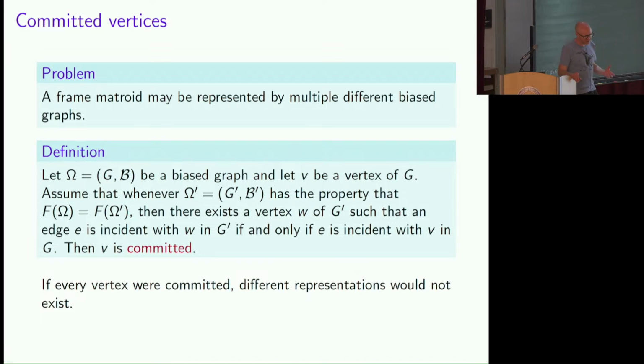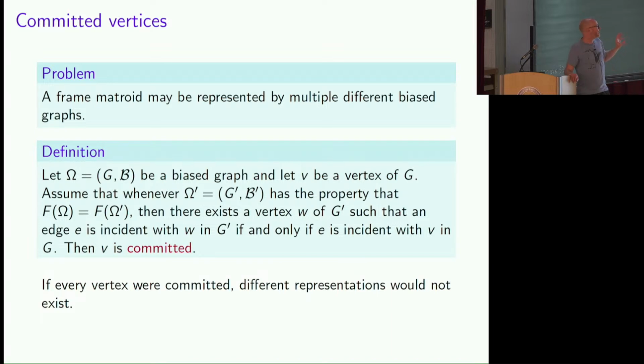So we use the idea of a committed vertex. Say omega is a biased graph and V is a vertex in that biased graph. Now I'm going to move to some completely different biased graph representation of the same frame matroid. So I'll move to omega prime, a different biased graph which has the same frame matroid.